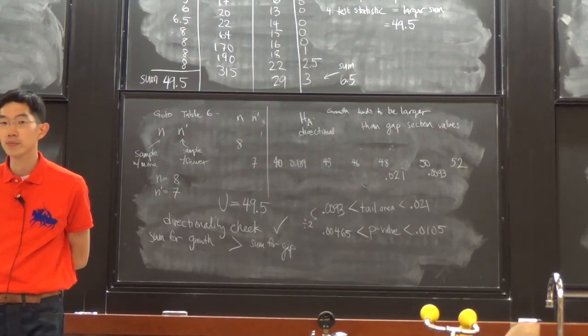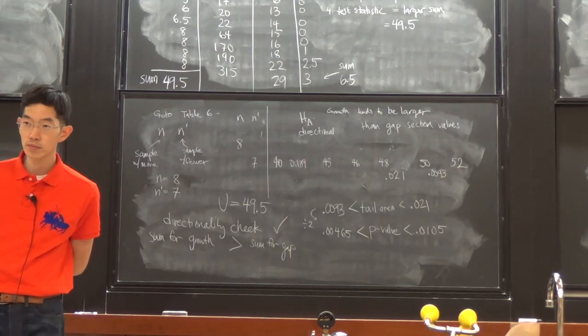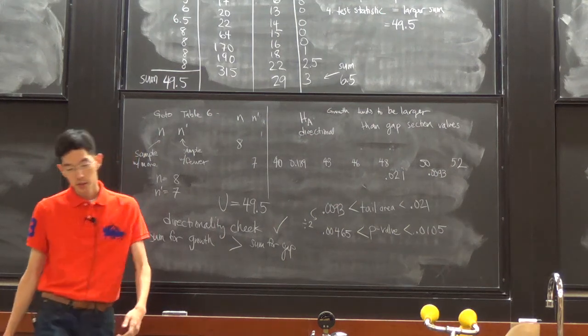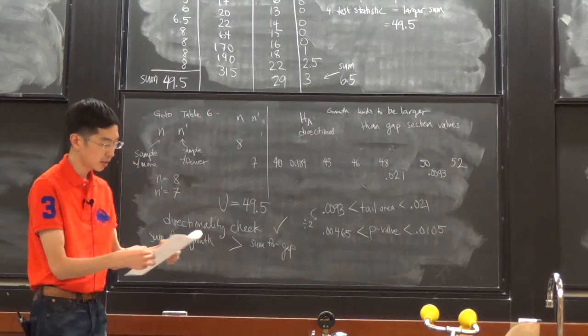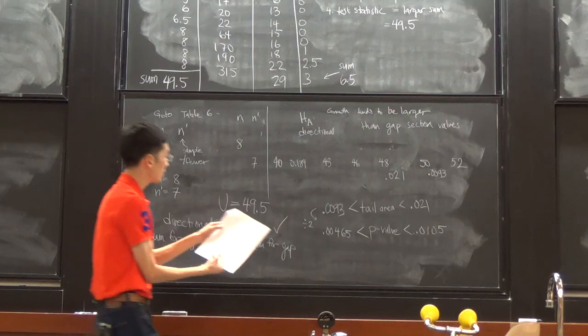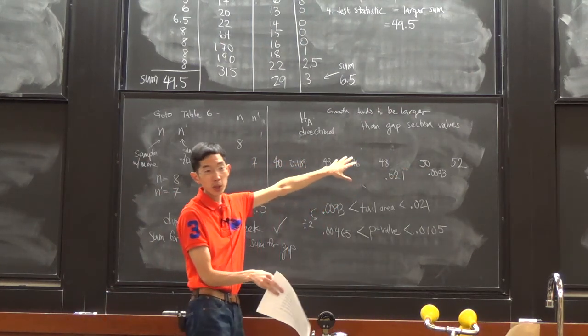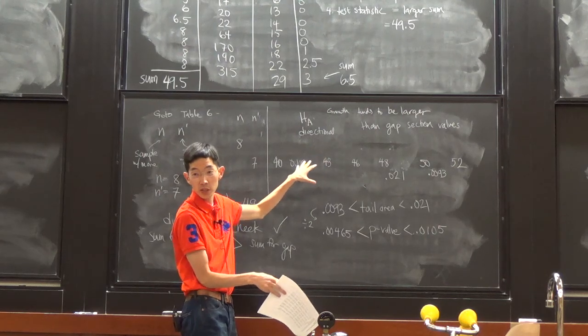Yes? This is the p-value for a non-directional test? For a directional one. Okay. So the values you find in the table, 0.021 and 0.0093, correspond to a non-directional test.